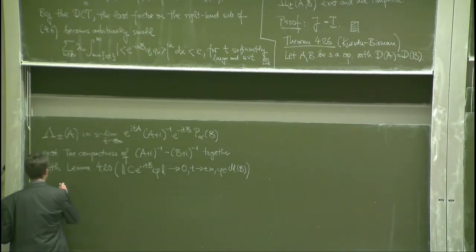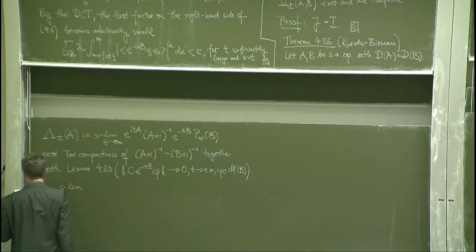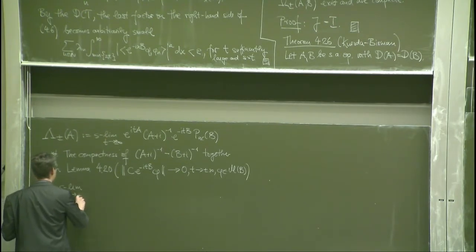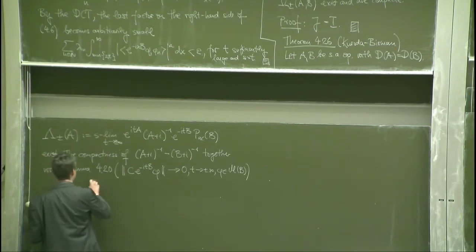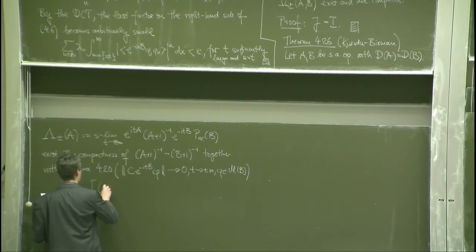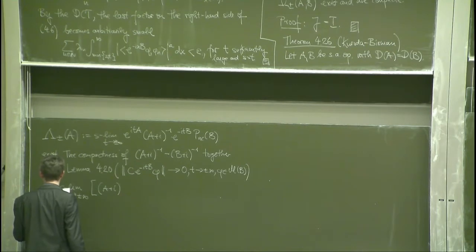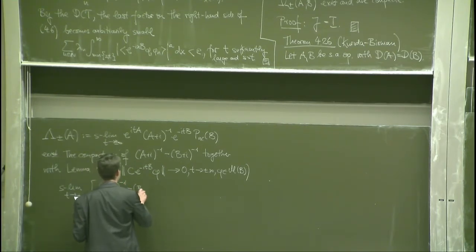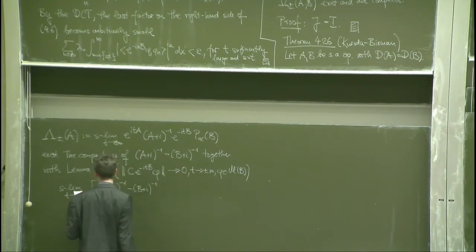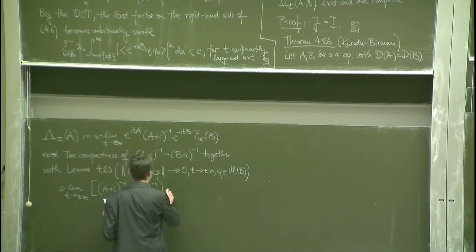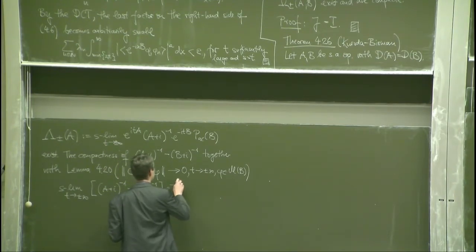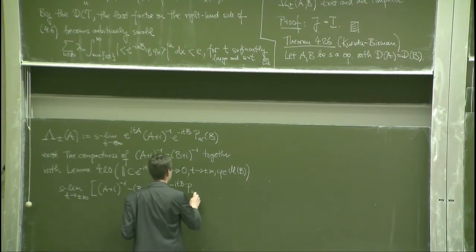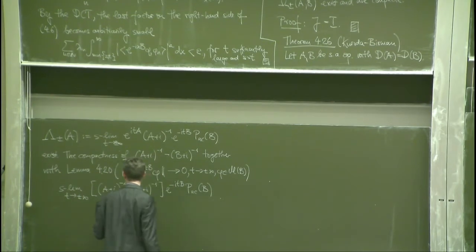yields that the strong limit for t to plus or minus infinity of (A plus I)^(-1) minus (B plus I)^(-1) exponential minus ITB P AC of B is equal to 0.